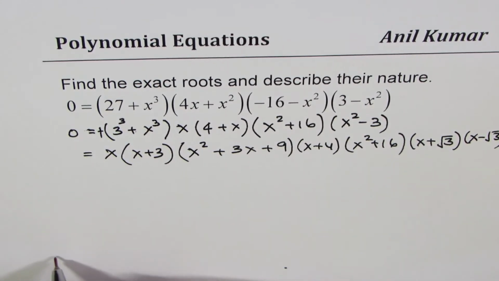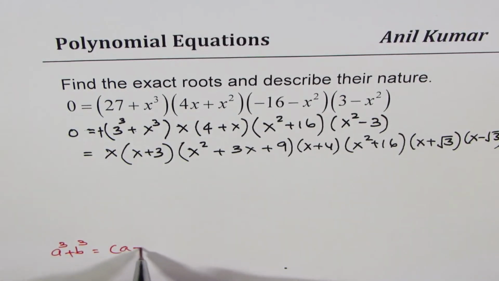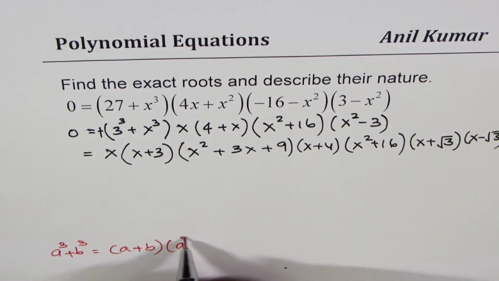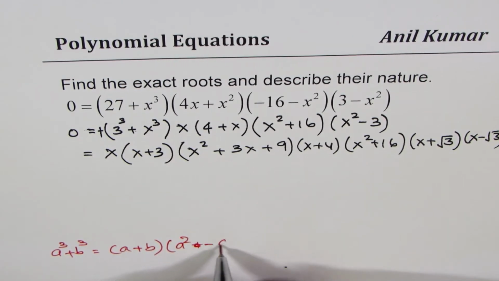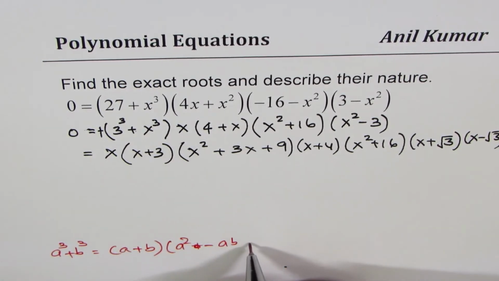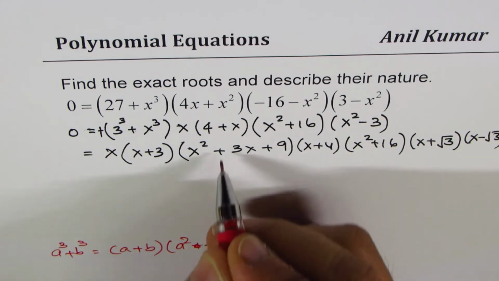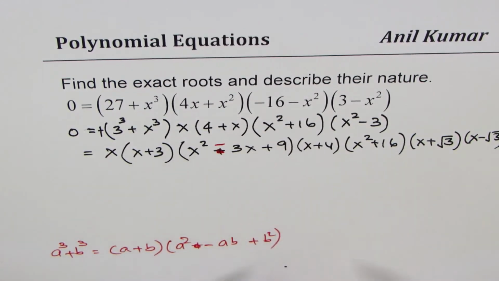So the two formulas which we applied are a cube plus b cube equals a plus b times a square minus ab plus b square. I made a mistake, but we found our mistake. Okay. So minus ab, right? That's one formula.